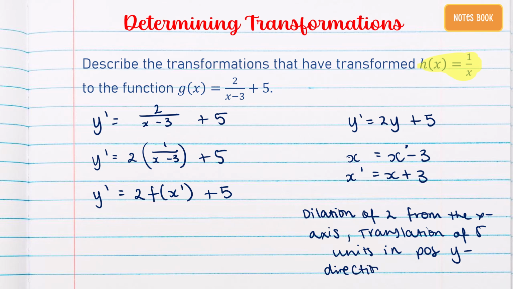So when you are trying to determine the transformations, you want to pull out the original function and work from there, okay? Because it's a lot easier to see, especially what's happened to your y when you pull it out and leave it as f of x, right? So 3 units in the positive x direction.